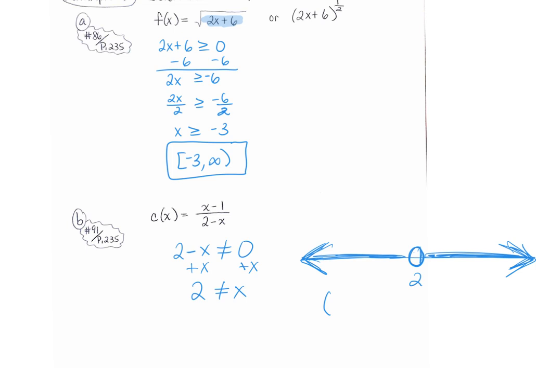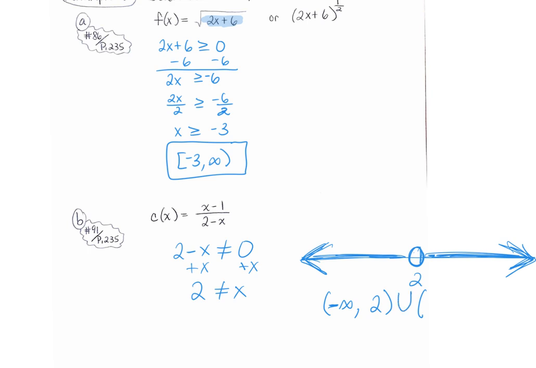I'm asking for this in interval notation. Negative infinity. Talk loud. Nothing goes in between?